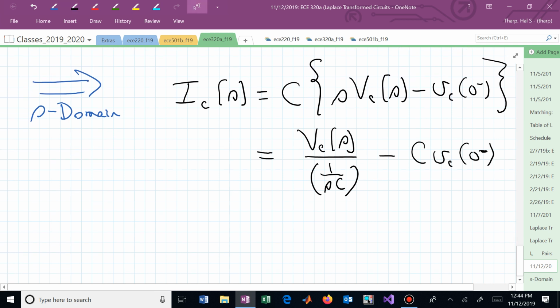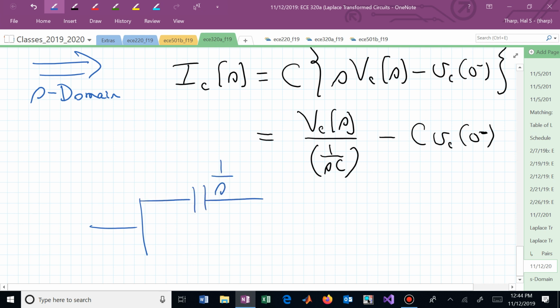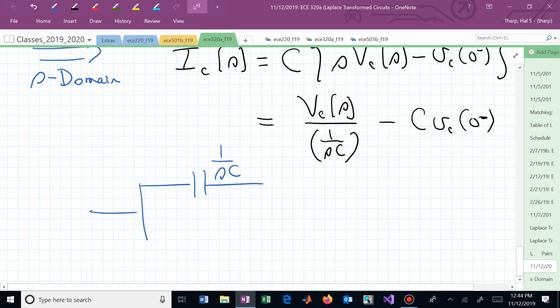Again, we have the two terms, an impedance term and an initial condition term. We already have it in the form that's solved for the current. Let's now find its circuit representation. We now have the impedance of the capacitor, 1 over SC, and we have a current source.